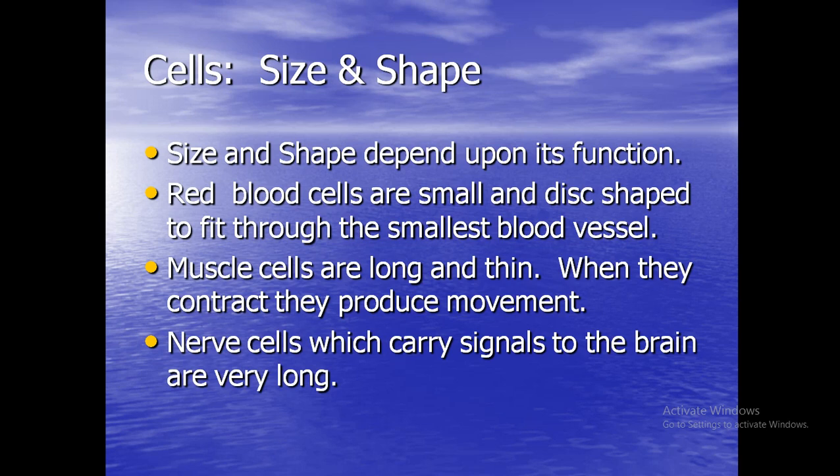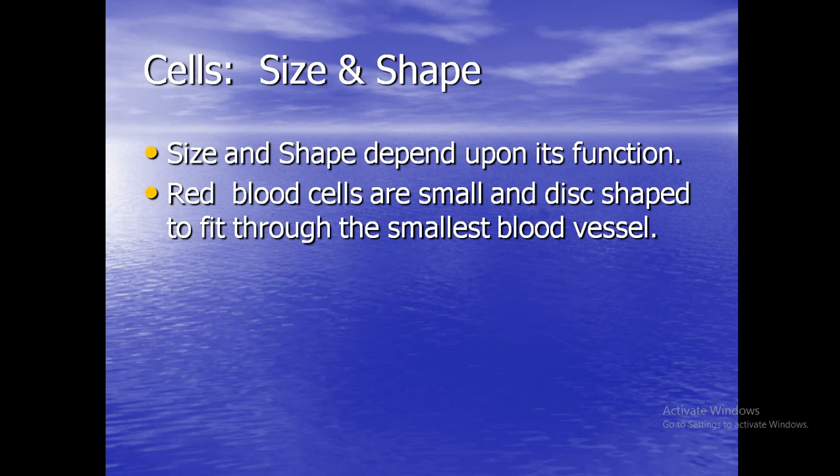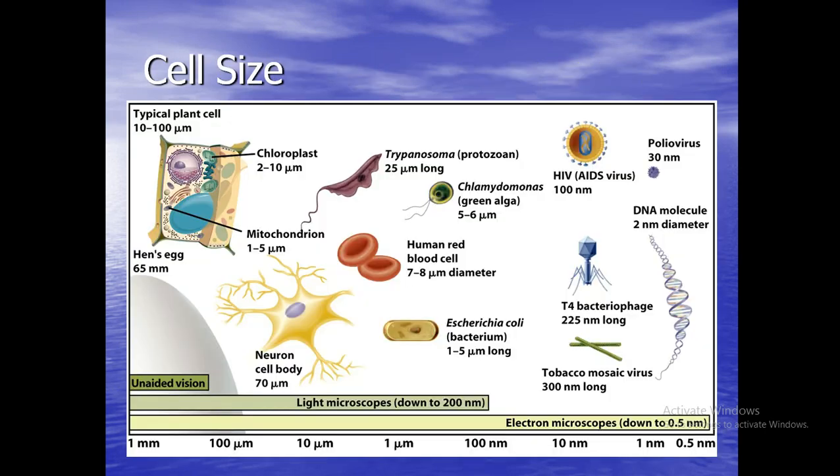Now, we have seen that in the previous photograph only, the size of the cell varies. Even you might have seen the shape of the cell also varies. See, this is the trypanosoma shape, this is the RBC, this is the neuron, whereas this is an Escherichia coli bacterium, even Chlamydomonas green algae.